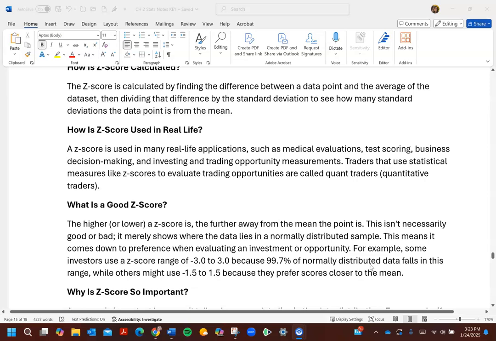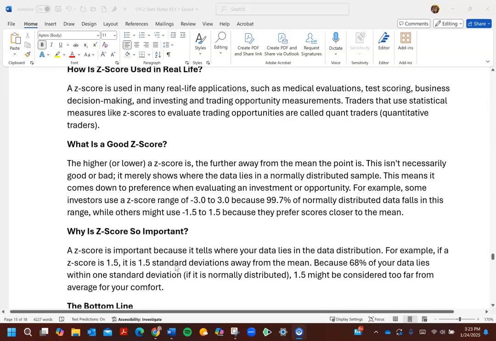So the higher or lower a z-score is, the further away from the mean the point is. So it just shows where it lies in relation to the other data. And they're important because it tells you where your data lies in the data distribution. And we'll look at that in more detail.